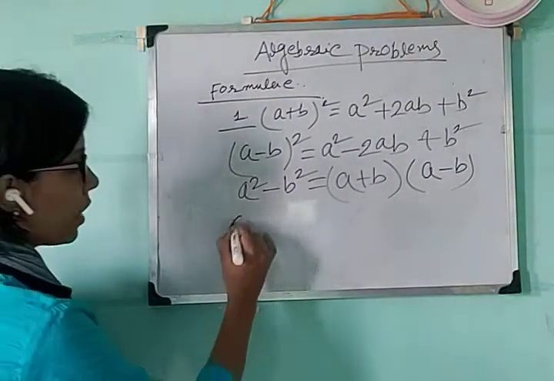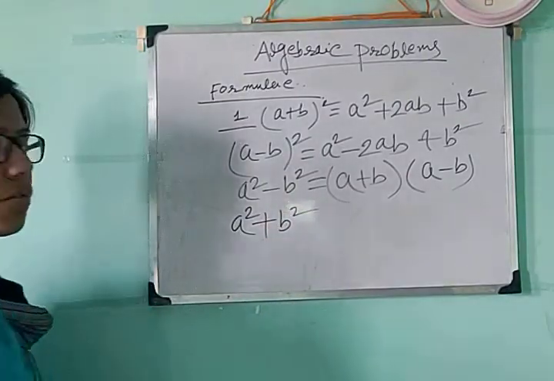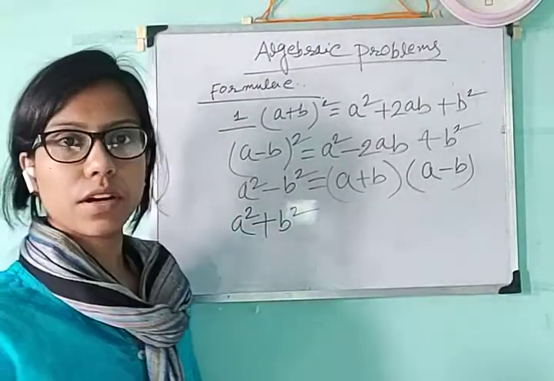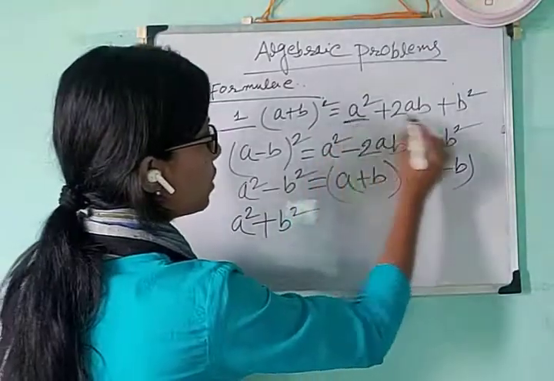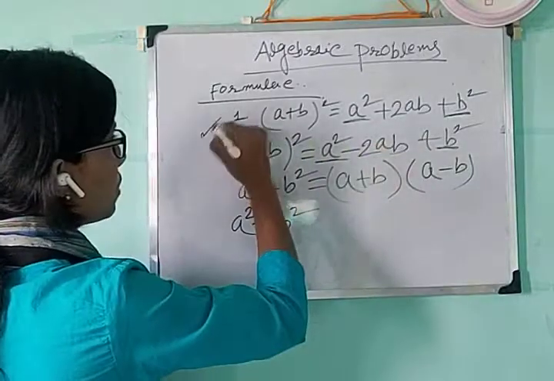Now we have to find the formula for a square plus b square, and we can get this from the earlier formulas. First apply this.